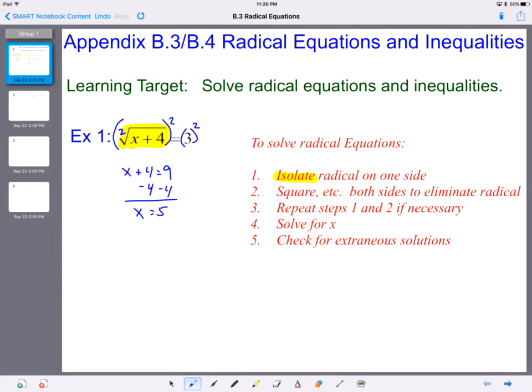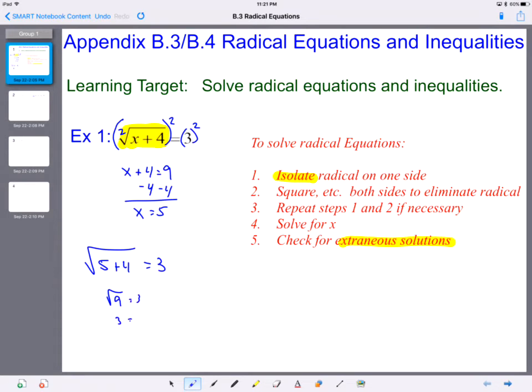Now, step 5 is to check for what we call extraneous solutions. I'll give you a better idea as to when you really need to check, but it's not a bad idea to check really anytime you're solving a radical equation. You don't necessarily have to show the check, but you can see that the square root of 5 plus 4 is supposed to be equal to 3, so that's the square root of 9.